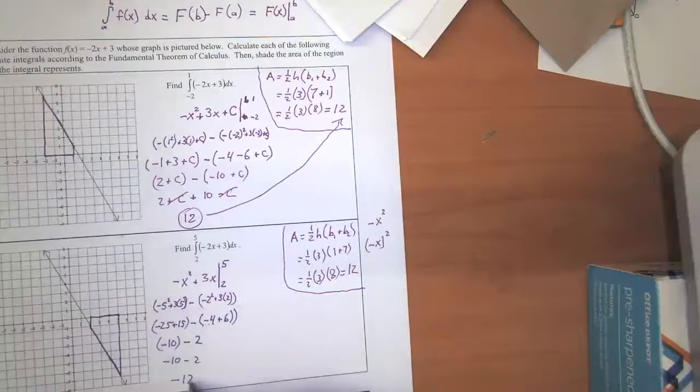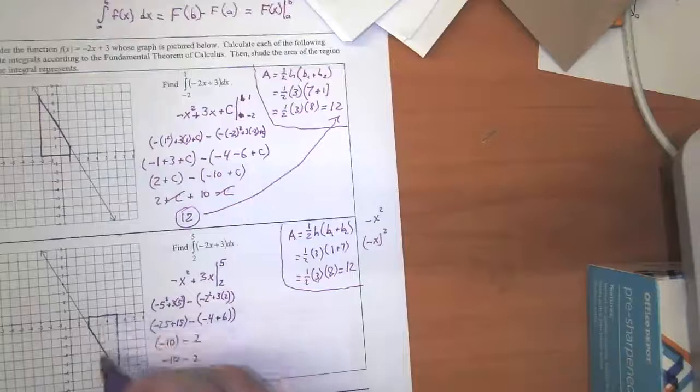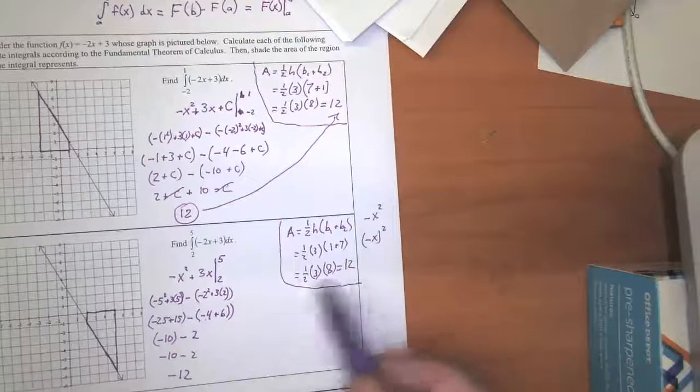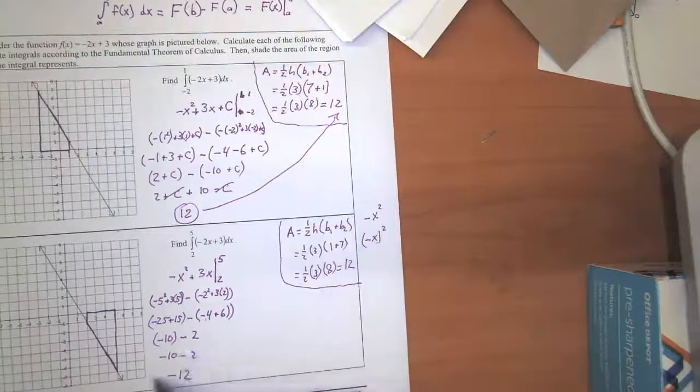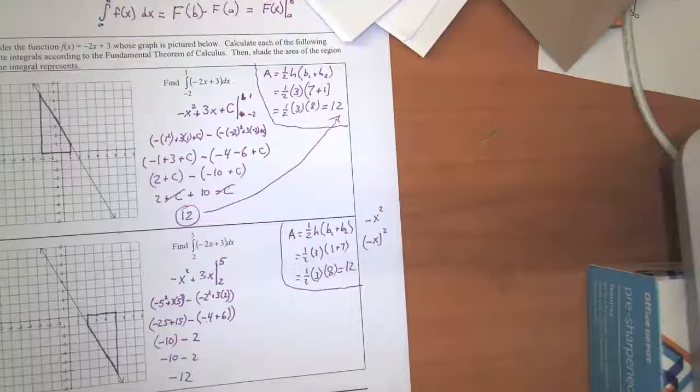So we've got that important distinction that areas below the x-axis are going to have a negative area. That explains why the area of the trapezoid is 12 and the definite integral is negative 12.